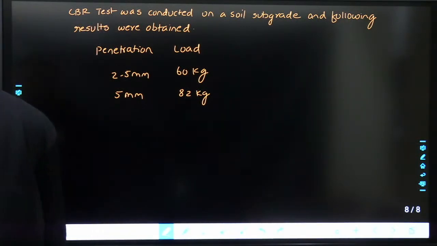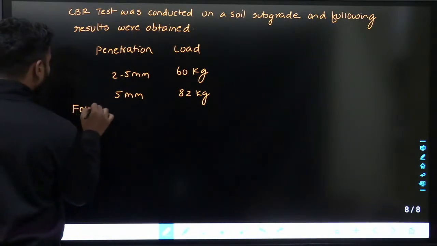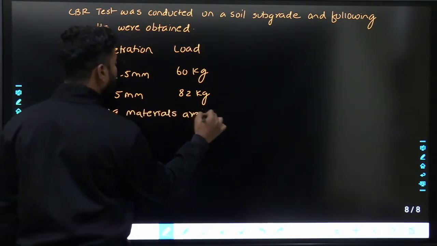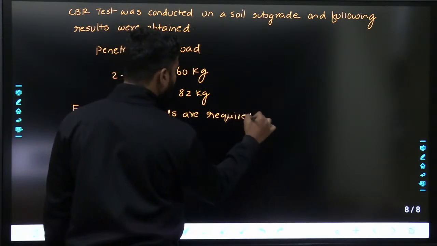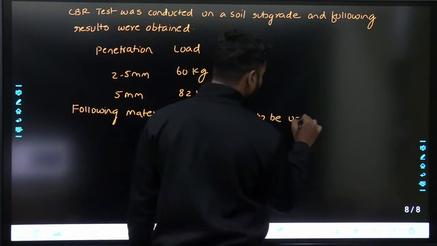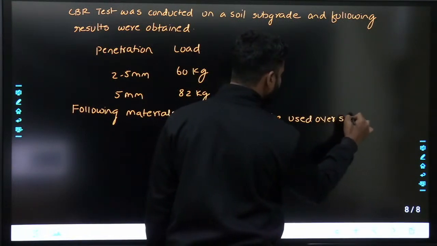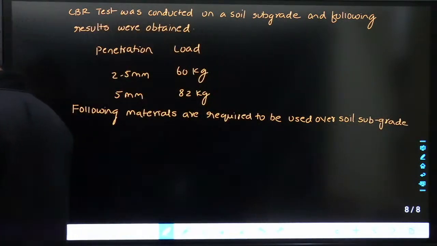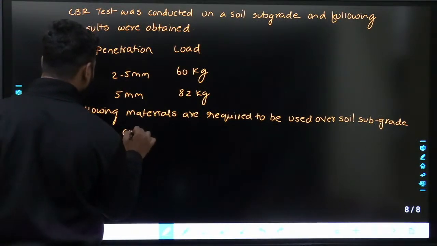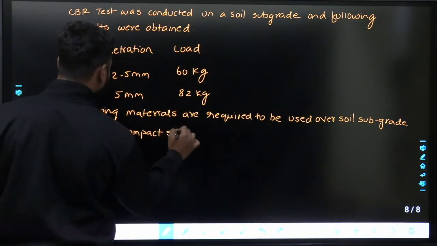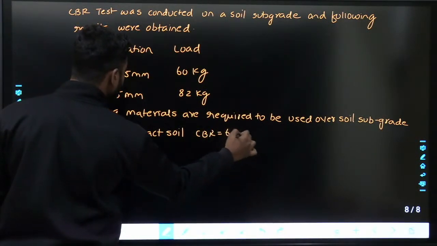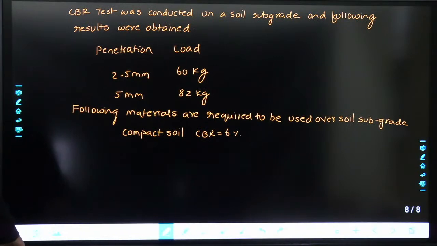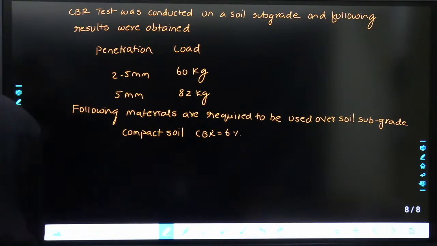The following materials are required to be used over the soil subgrade. Compact soil, CBR equals 6%.